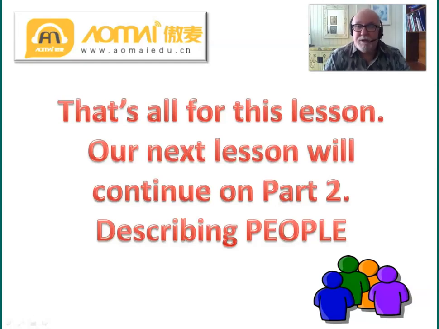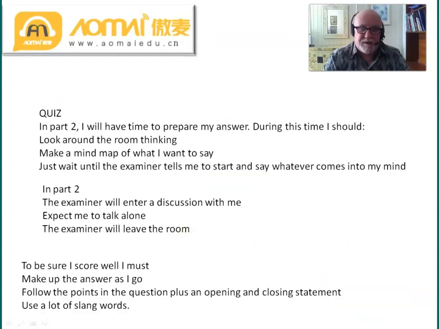After all, IELTS is an extremely conservative exam, and they're not likely to change the procedure that has done them so well for the last 25-30 years. So that's what we're going to do in our next lesson.